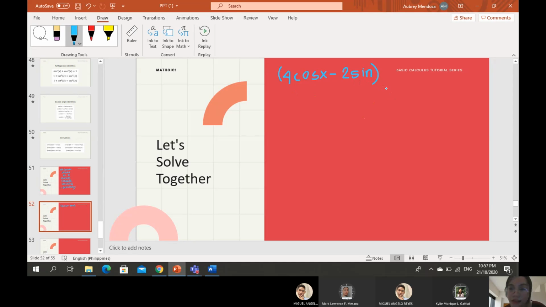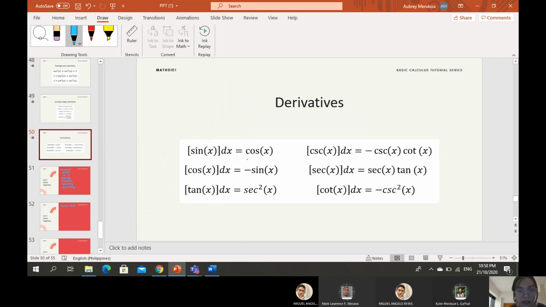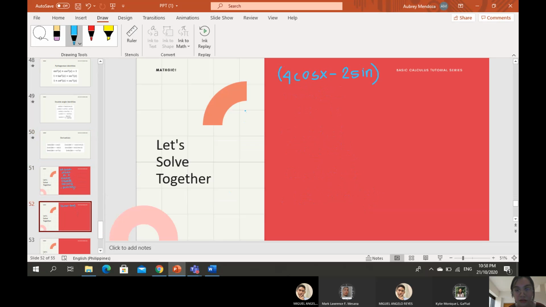So in this case, we'll be using the addition and subtraction rule. So first let's get the derivative of cosine x. So the derivative of cosine x is negative sine x.